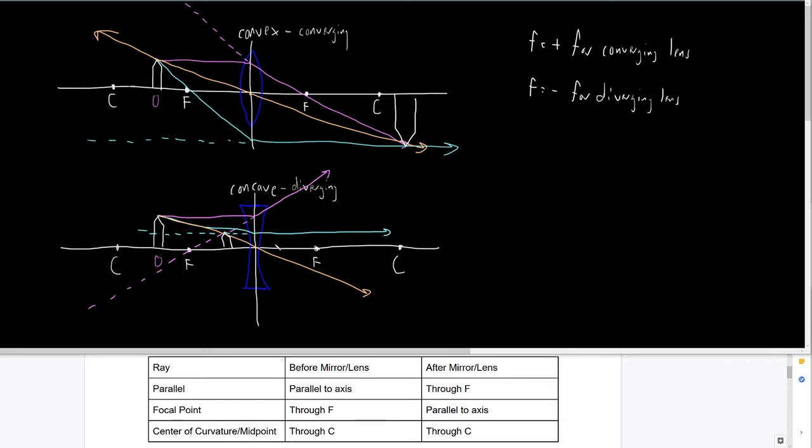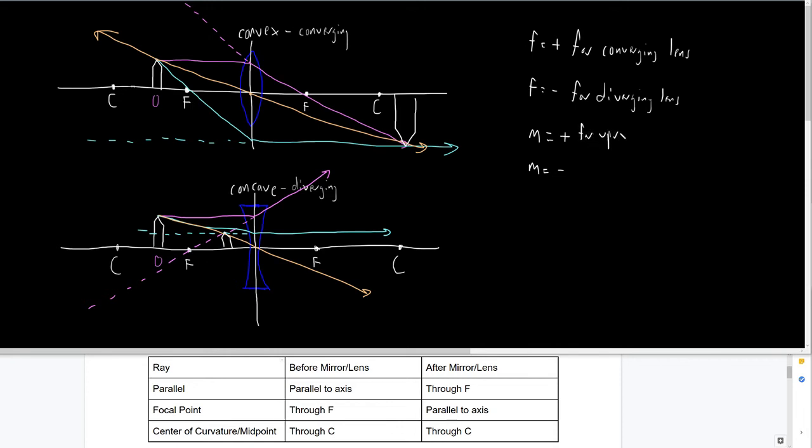The other thing that's going to be a little bit different is our M's. Magnification, keep in mind, if it was less than 1, your image got smaller. If your magnification was greater than 1, the image was bigger than the object. Now we're going to have signs involved with our magnifications. If our magnification is positive, our image was upright.